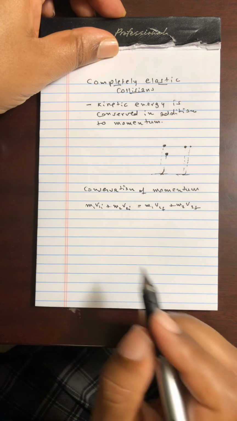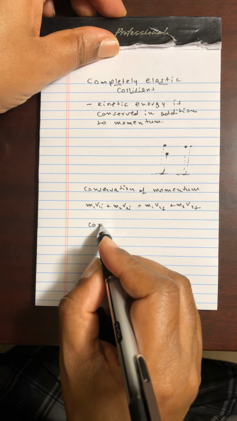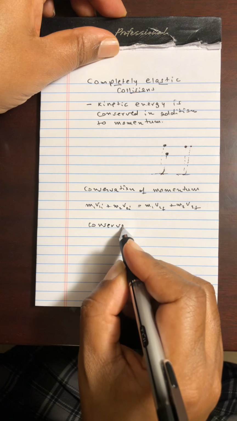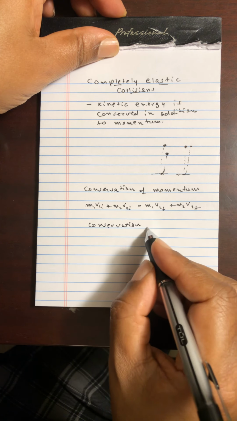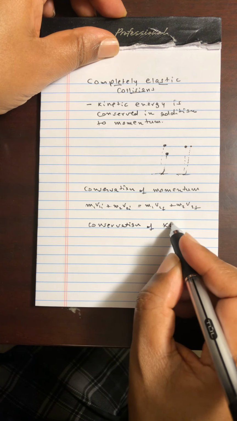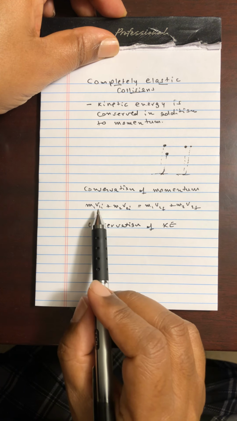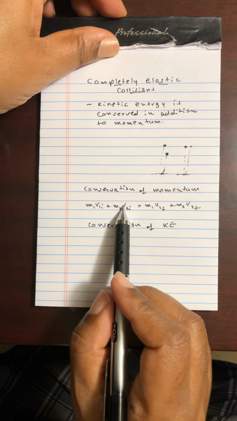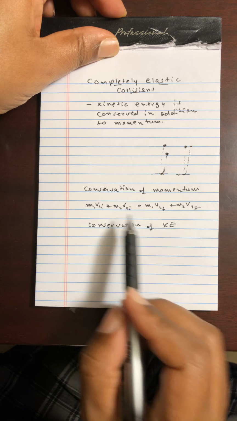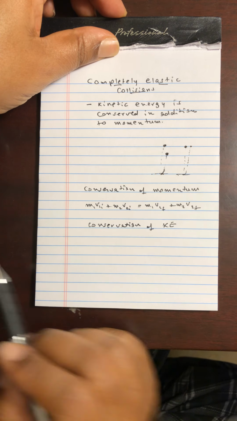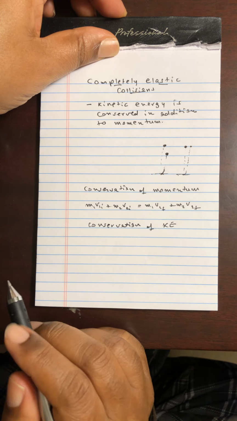But in addition to momentum, kinetic energy is conserved, so we have another equation. The sum of the kinetic energies of the two objects before collision equals the sum of the kinetic energies of the two objects after collision.